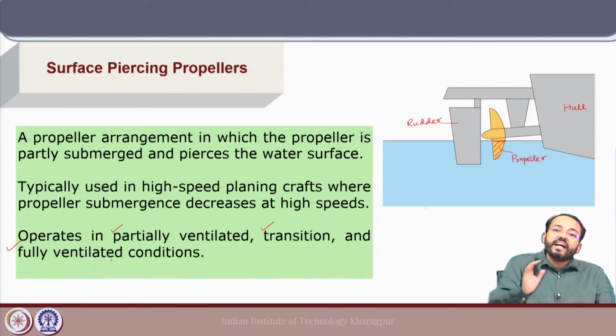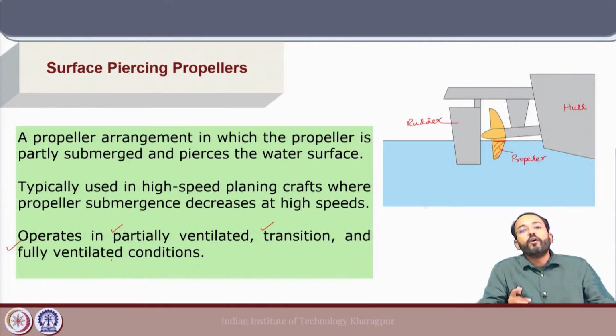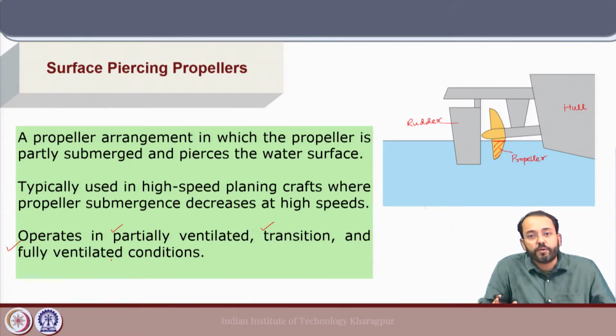And during one entire revolution, the thrust and torque characteristics of the propeller will vary depending on the instantaneous location of the propeller blade.